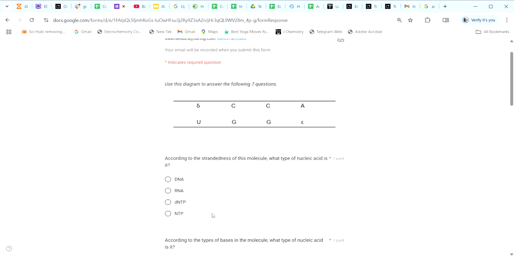Use this diagram to answer the following 7 questions. Codon, C for codon, I think. CGA, the strandedness. AUG. Nucleic acid, DNA, not RNA, dNTP, NTP.